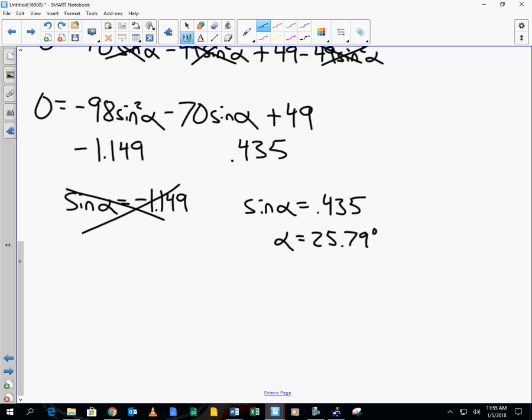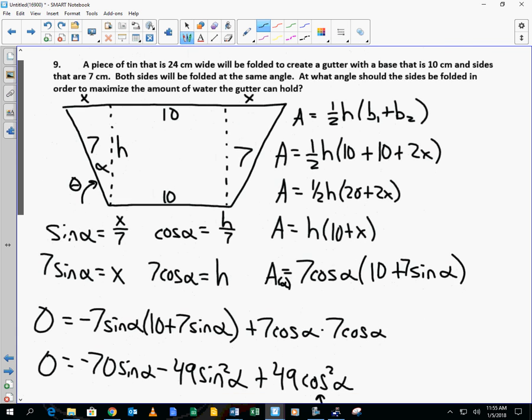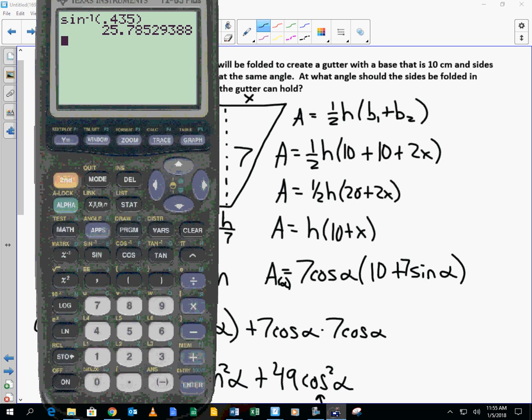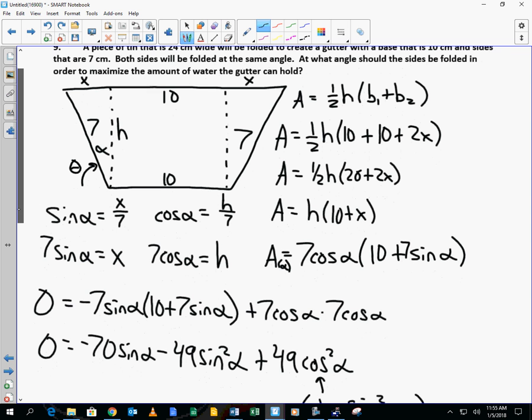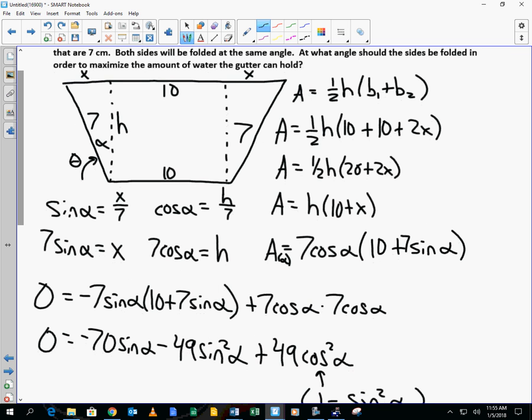So let's see if we can answer the problem. If alpha is 25.79, what would I do to figure out theta? Subtract from 90. So 90 minus the answer and I get 64.21 degrees.